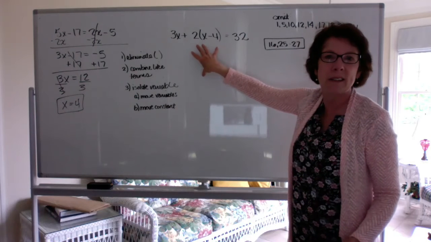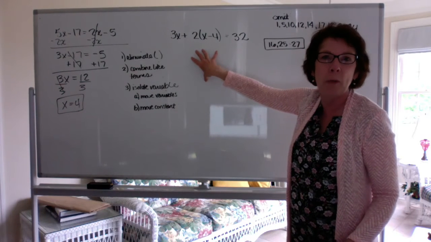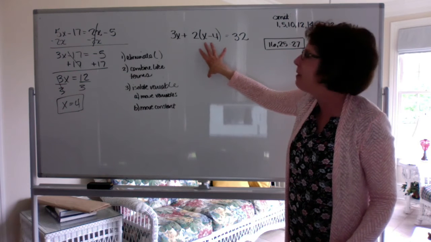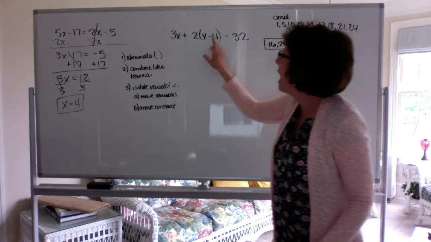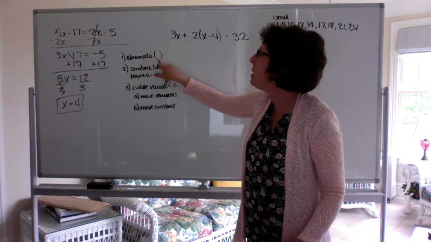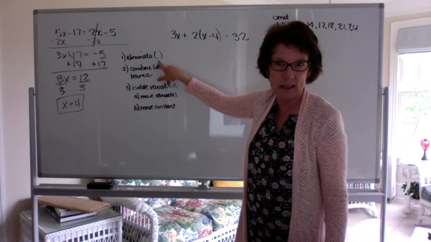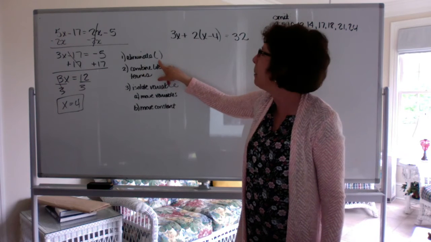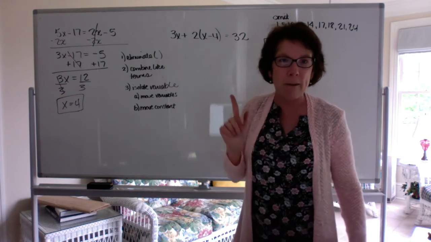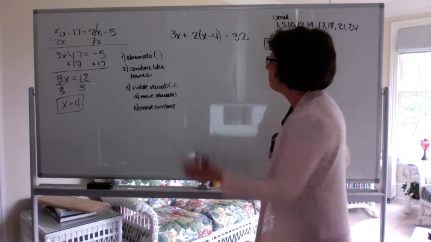Okay, now look at this one. This one is the great poobah of all equations you have to do this year. And there's a new step, and that is we have parentheses. So you're going to have to eliminate parentheses using the distributive property for your very first step if you ever see parentheses.